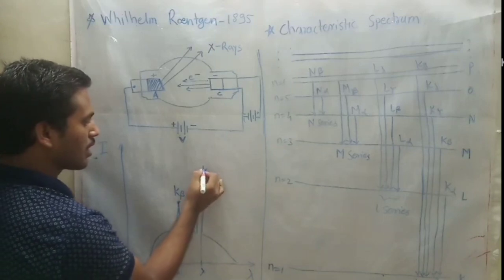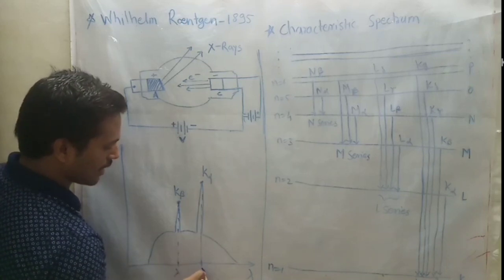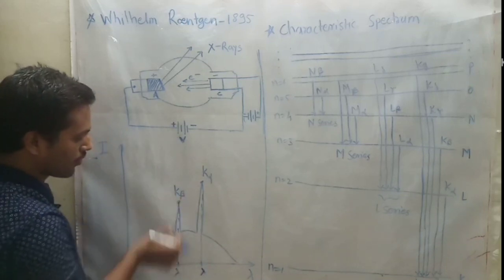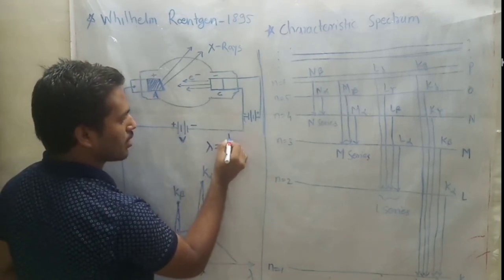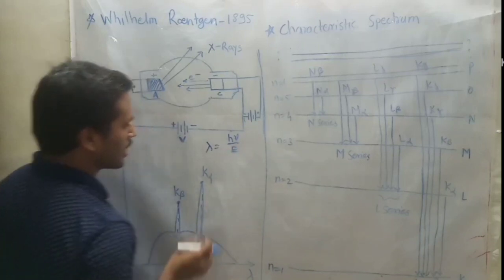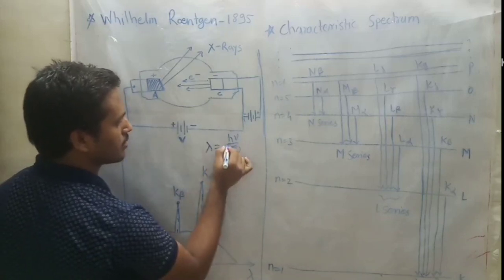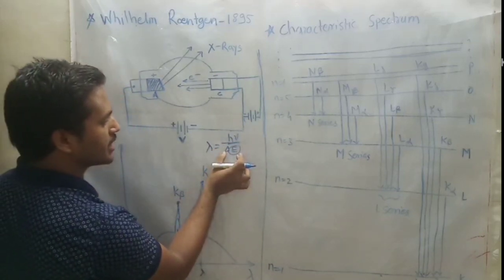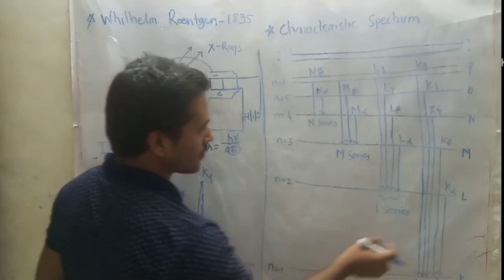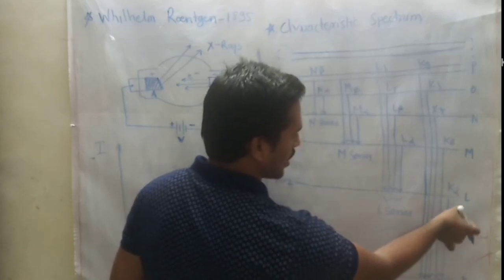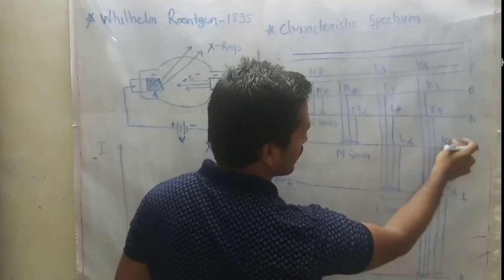Here the wavelength of the K alpha line is greater than the wavelength of the K beta line, because the wavelength is given by hc upon E, so it is inversely proportional to the energy difference. If the energy difference is higher, then the wavelength is minimum. The K alpha line has an energy difference less than that of the K beta line.